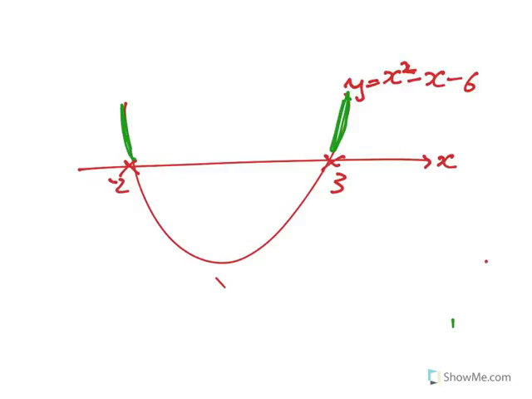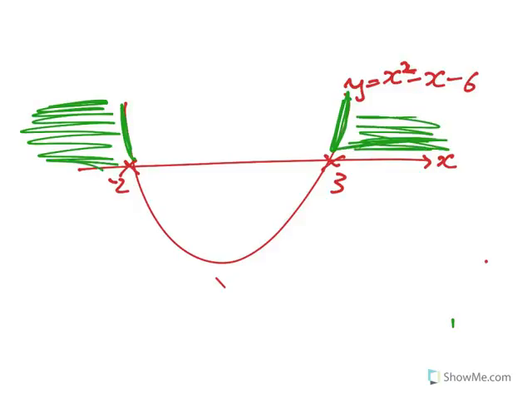This is where it's positive, right? So over here, for x less than this number, your y is always positive. For x more than this number, your y is always positive. So what is the range of values for x for which this graph is positive? Negative 2 to 3 is underneath.